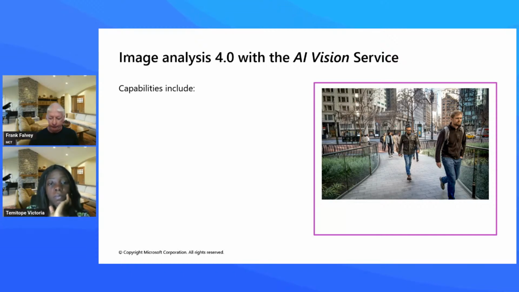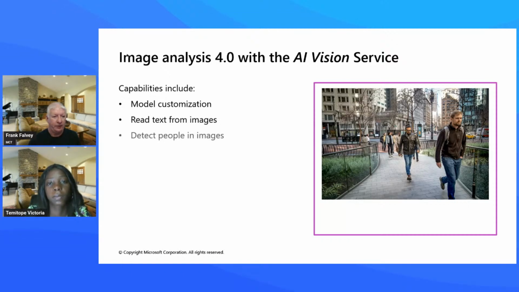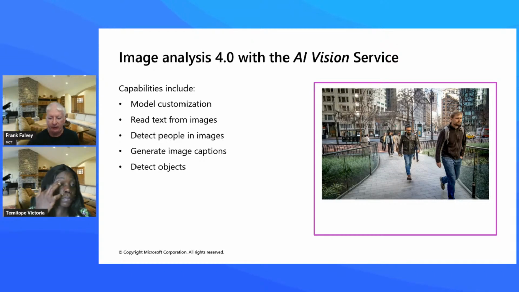And let's go there. So these are some of the capabilities: model customization. You can read text from images. You can detect people in images. You can generate image captions. Detect objects, like we spoke of, like apples, oranges, bananas, cars, trucks, you name it.